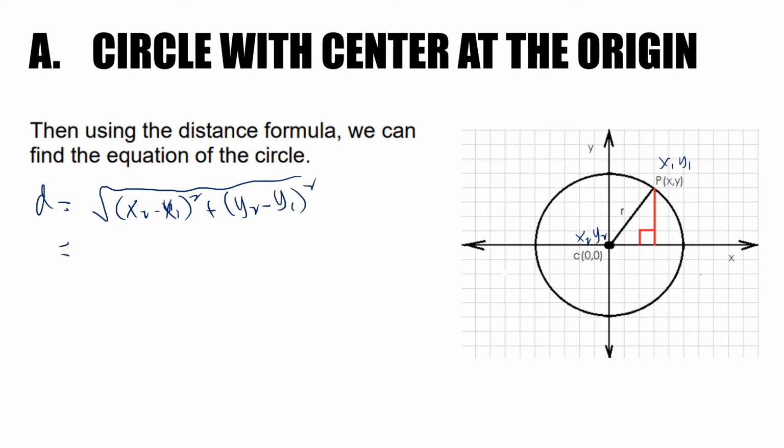Right. Using the given equation or figure, substitute natin yung x sub 2 which is 0. So 0 minus x, then you are given square. Plus y sub 2 is 0. So 0 minus y sub 1 is y. So you are given minus y squared.